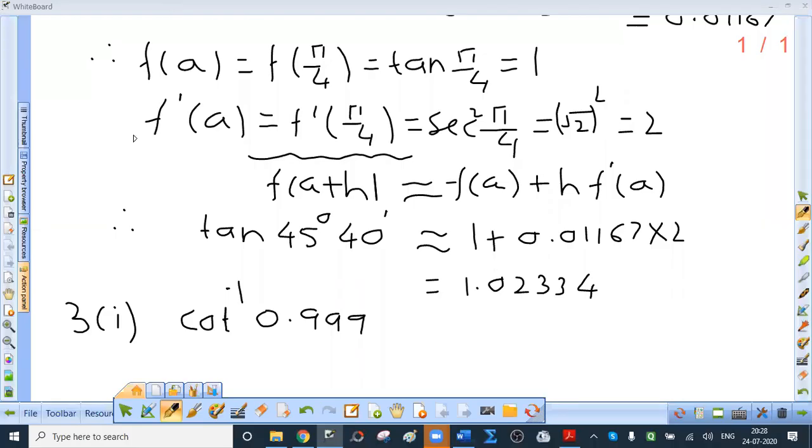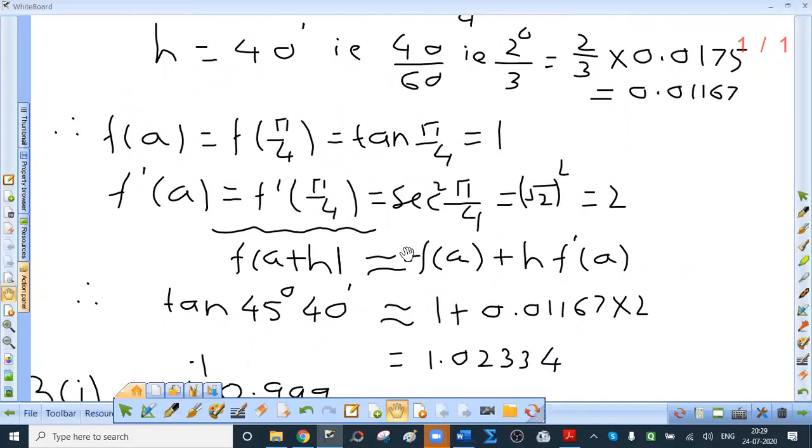Now we find f of a and f dash of a. f of a is tan pi by 4, that is 1. f dash of a is what? Sec square pi by 4, which is nothing but 2. Then write formula for approximation. If you substitute the values, then you get tan of 45 degree 40 minute approximately 1 plus what is h? 0.01167 multiplied by 2, that is 1.02334. So this is the final answer.